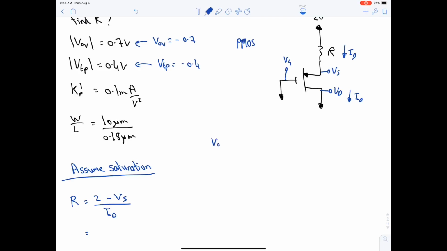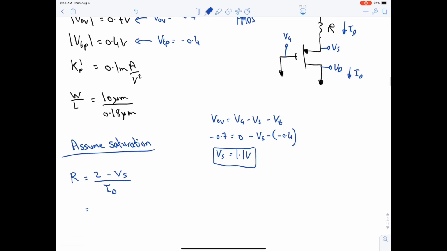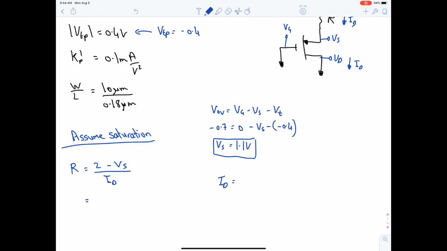Let's try to open VOV. VOV is VG minus VS minus VT. That's minus 0.7. VG is 0 because it's grounded. VS is unknown. VT is minus 0.4. This ends up with 0.7 and 0.4. That's 1.1. Yes, so it's 1.1 volt. Okay. We are left with ID. We can get ID from the saturation equation, Kp prime W over L, VOV squared.